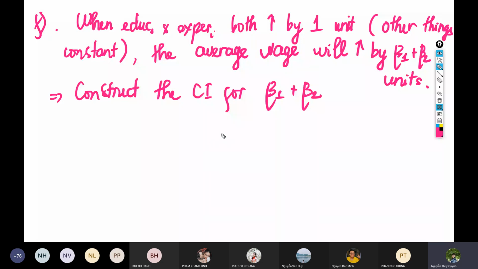Now we will consider beta 1 plus beta 2 as one regression coefficient, and we will construct the confidence interval for that regression coefficient.